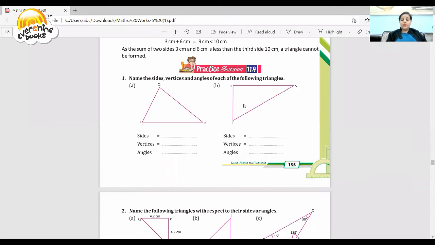Now exercise 11.4, in that vertex, sides and angles have to be told. Here PQ and PR are sides. How many sides are there?